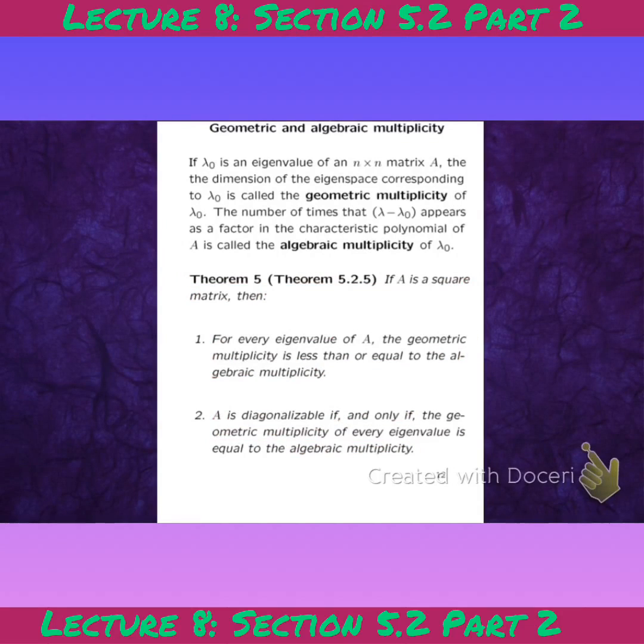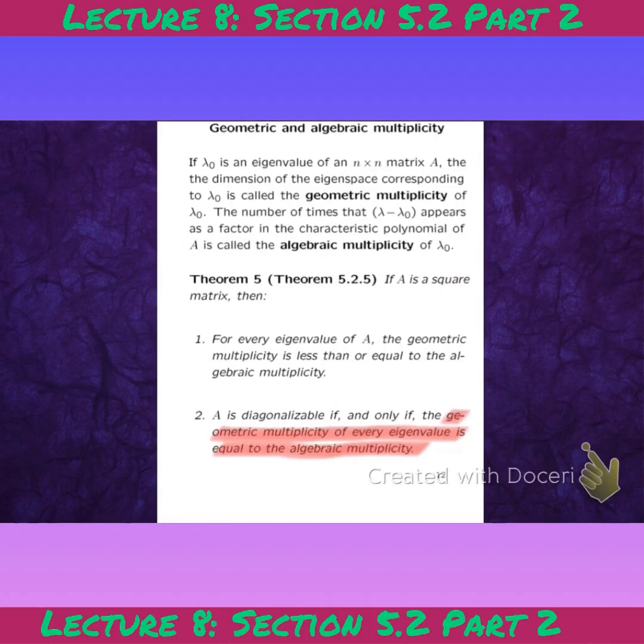So basically we showed that given that A is diagonalizable, the geometric multiplicity of every eigenvalue is exactly the same as its algebraic multiplicity. But it's if and only if, so the reverse is also true. If the geometric multiplicity of every eigenvalue is exactly the same as the algebraic multiplicity, then A is diagonalizable.